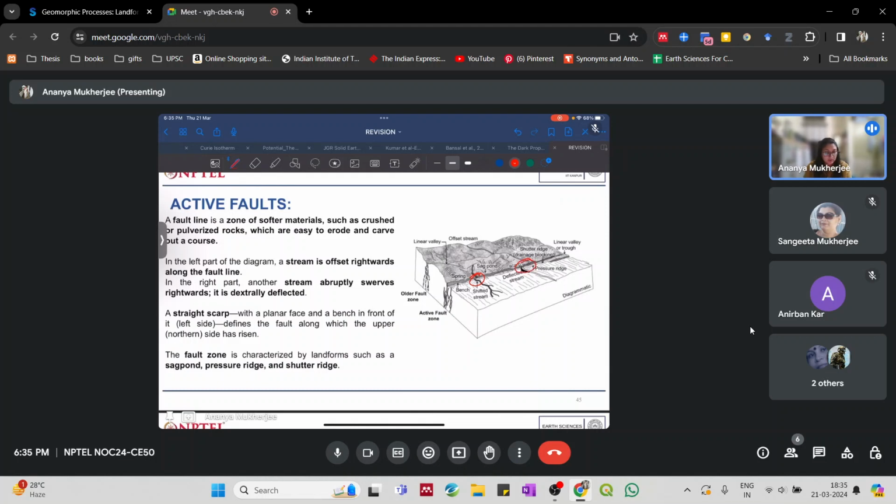In some places the flow of the stream is completely blocked because of the development of the fault scarp also. So this is where you have your active fault zone right now, and these are the different features associated with active faults.